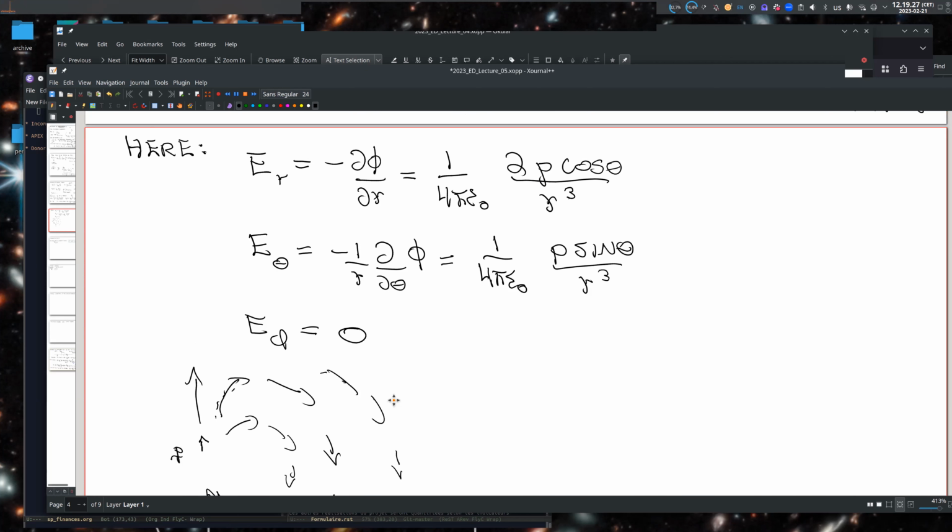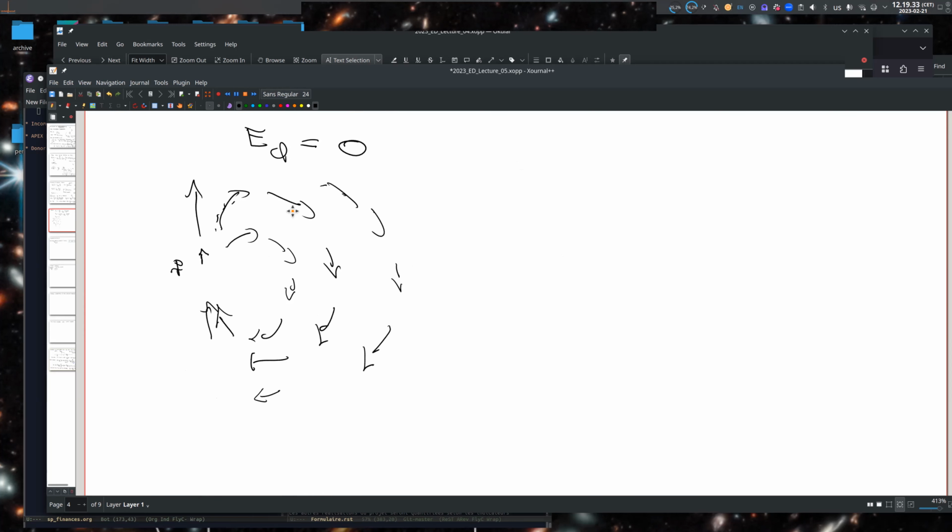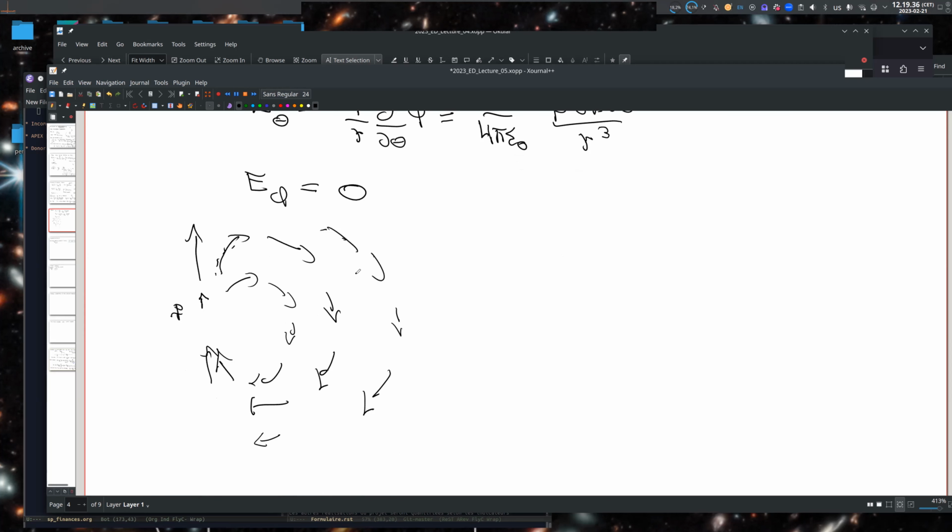Okay, so in these notations, E_r is the one as I move away from my origin, so E_r would be along the radial part here, and E_theta is the one going as I increase the angle theta in this system of coordinates, so as I come down here. So that's the idea.